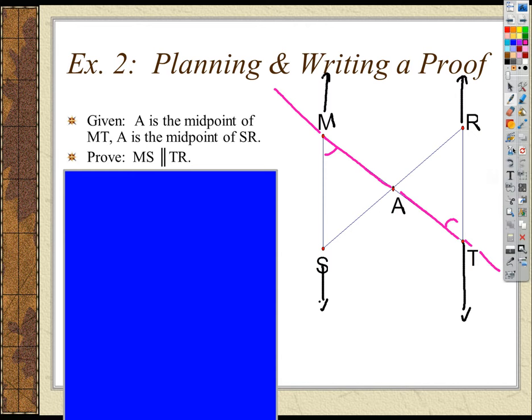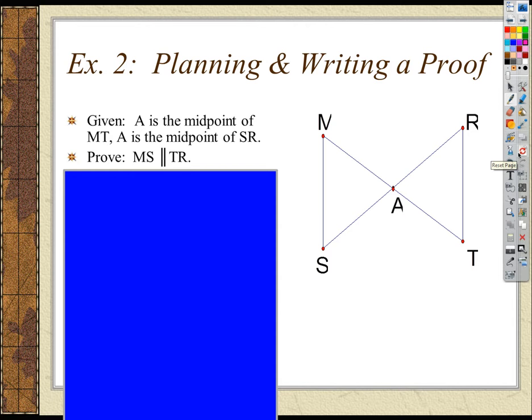Now, if we start from scratch, how could we get there? Given this stuff, what does it mean that A is the midpoint of MT and SR? How does that help us? What's a midpoint? It cuts it in half, right? It cuts each of those segments into two congruent pieces.